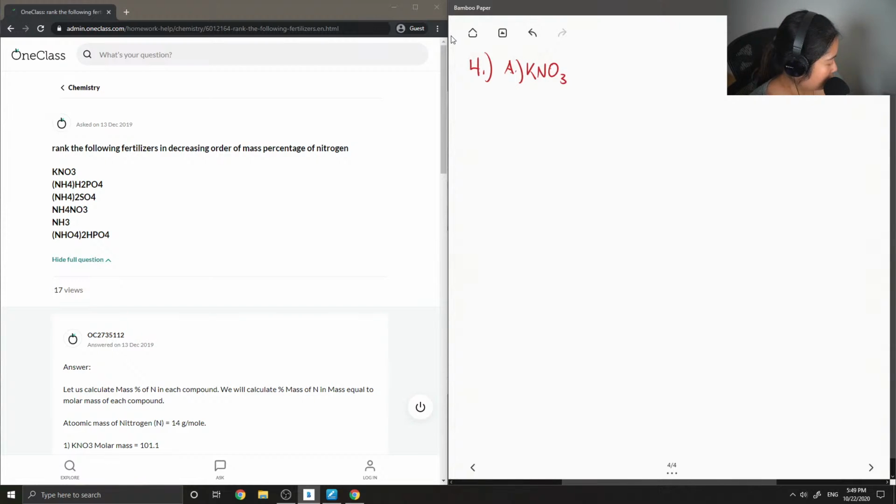So to find the percentage of nitrogen, I'm going to use this equation, which is equal to the mass of nitrogen all over the mass of the compound.